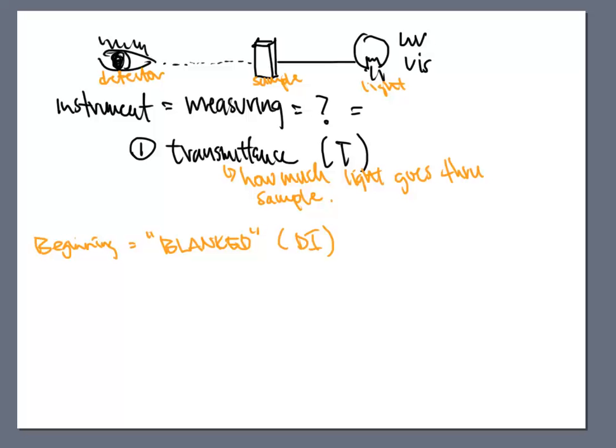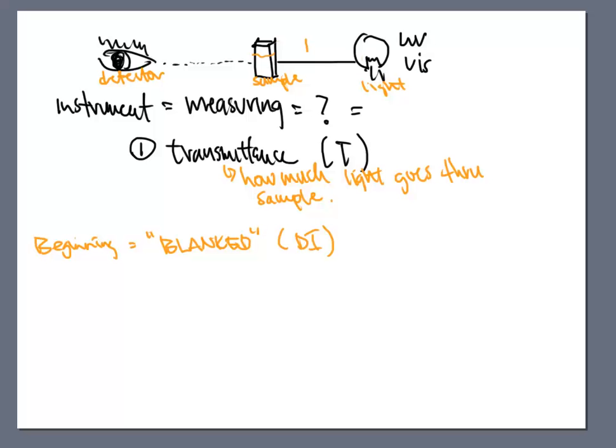So I would take my water and put it into this sample compartment and turn the bulb on, and the bulb shines through the water, and all of that probably will go through, and the detector will measure how much is transmitted to it. How much of it is coming out the other end.